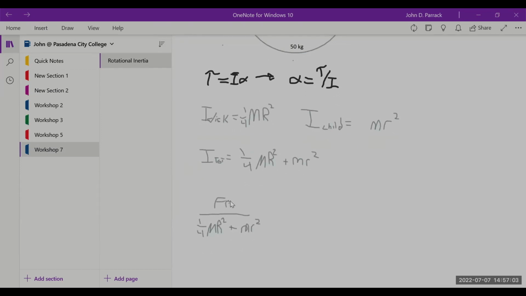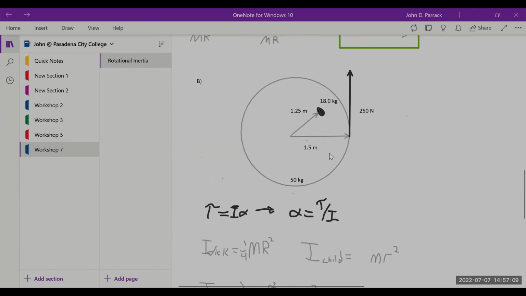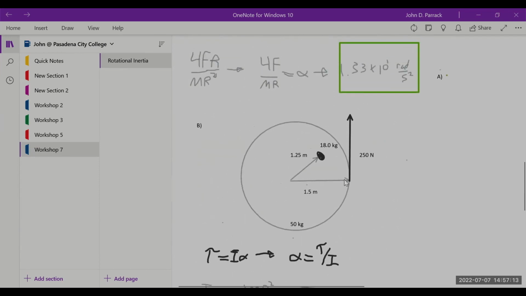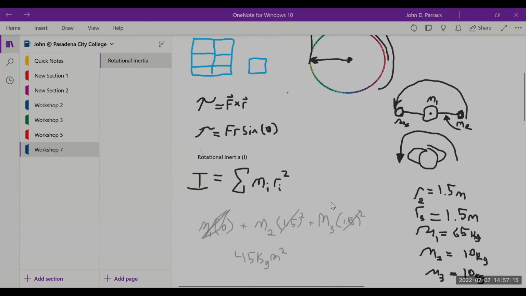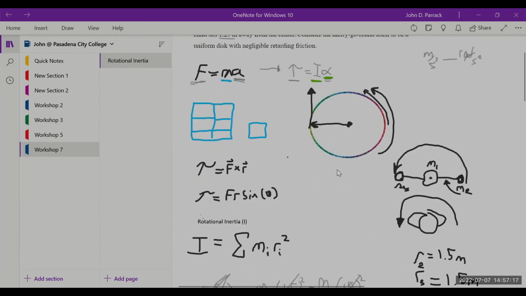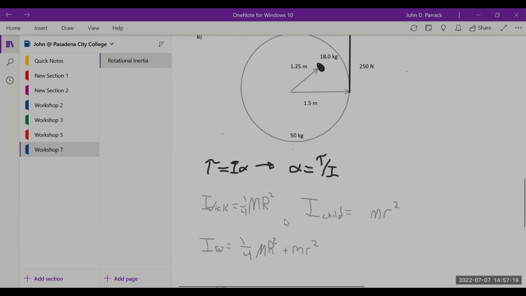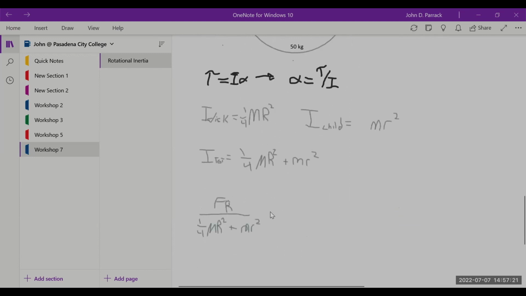This needs to be a big R because the force is at 1.5 meters away. The father is pushing from the edge of the merry-go-round, not from the place where the child is on the merry-go-round, but from the edge. This is F, this is big R. Okay, let's plug this in and see what we get.